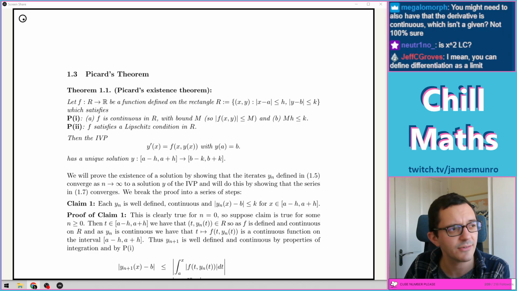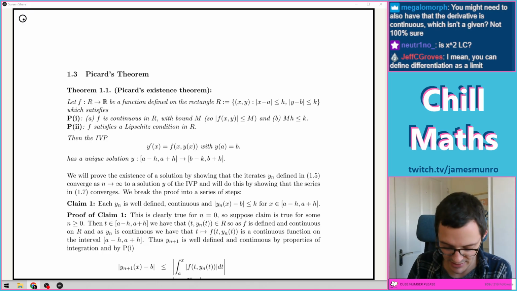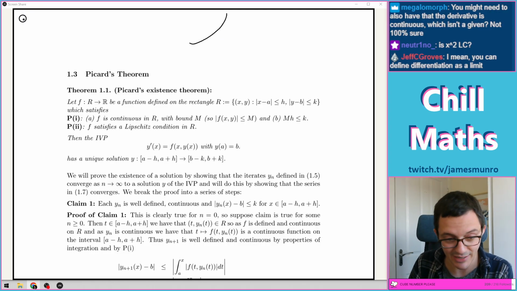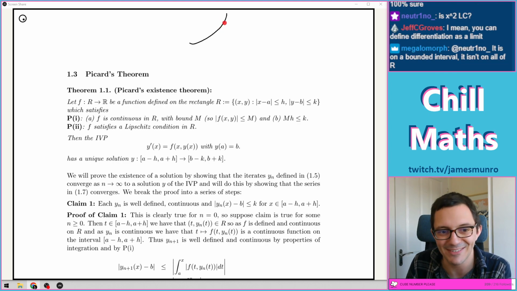Is x squared LC? These are good questions. Is x squared Lipschitz continuous? Yes. You have to define it on a rectangle. So x squared going out to infinity has got a kind of unbounded gradient.